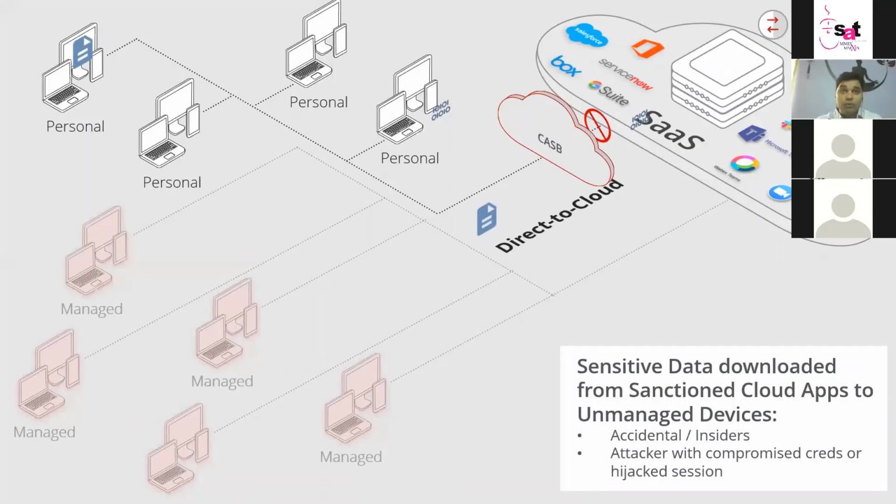Any data download happening from the sanctioned app, which is Office 365 OneDrive or SharePoint or G Drive, to the personal device, is going via the reverse proxy. And we have set a policy saying that if any sensitive data is getting downloaded to a personal device, prevent that from happening. That's one scenario of data exfiltration which can be addressed.